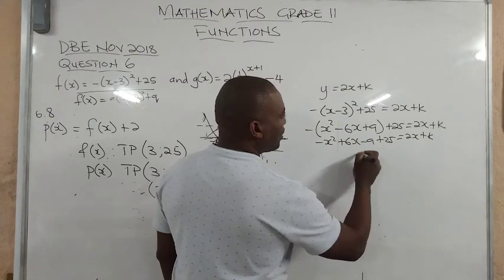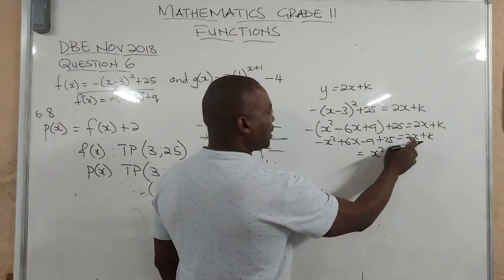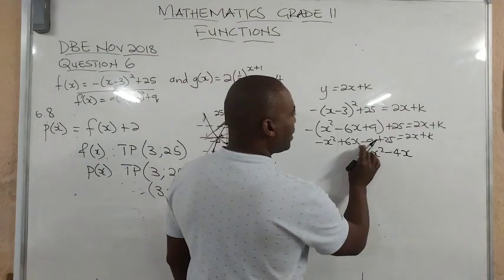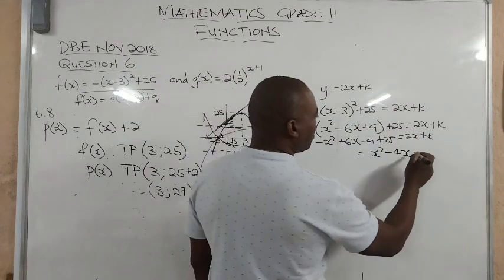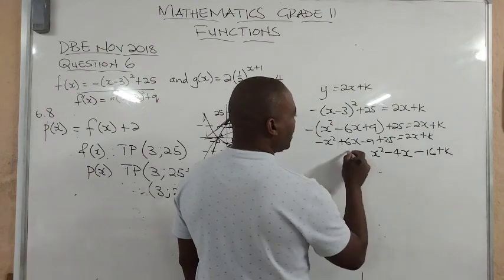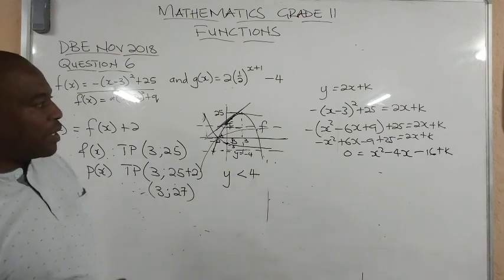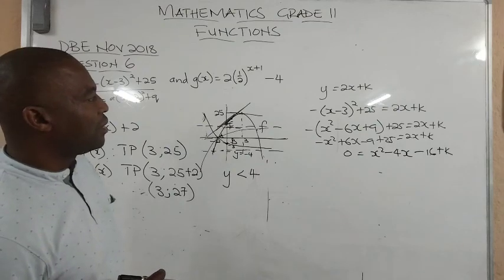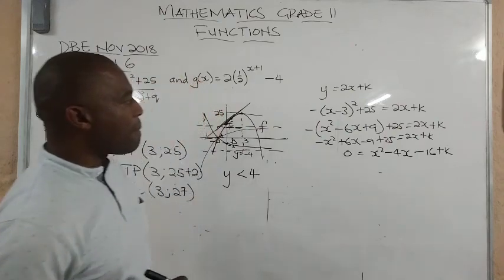So we'll be having x squared, the positive 6x becomes negative, that is 2x minus 6x, that is minus 4x. And then 9 minus 9 plus 25, that gives us 16. If we transpose it, it becomes x squared minus 4x minus 16 plus k is equal to 0. So this is the equation that we are having.